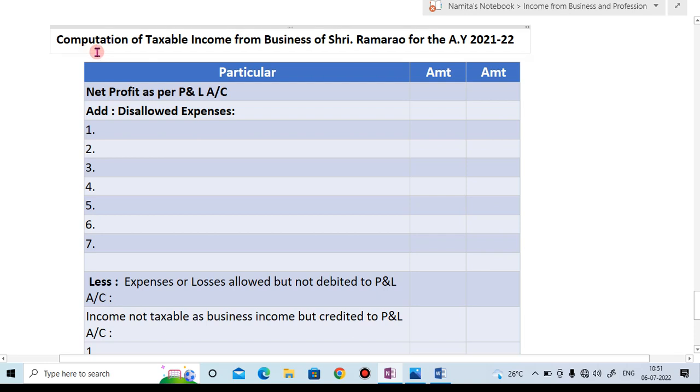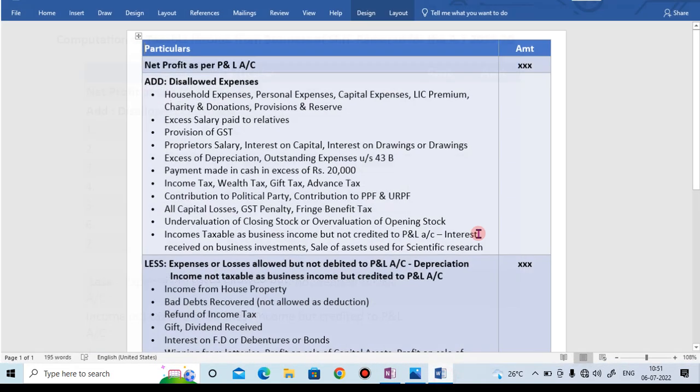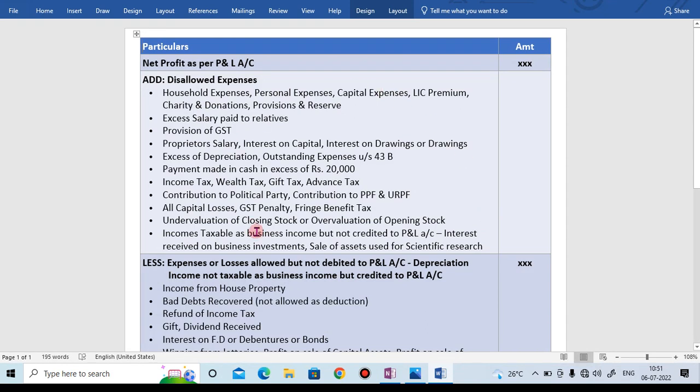Give the heading: computation of taxable income from business of Shri Ram Rao for the assessment year 2019-2020. Now, as per the format, I hope you have remembered the format of computation of income from salary.